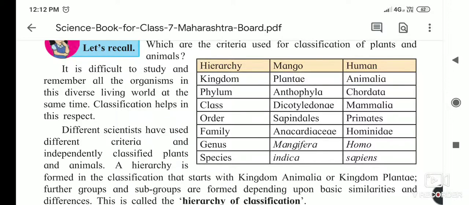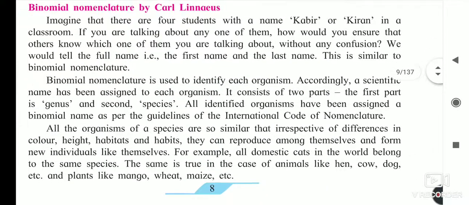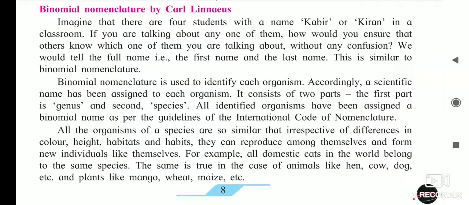Homo sapiens is the name for human. Homo sapiens is the binomial nomenclature for the human being, and Mangifera indica is the binomial nomenclature for the mango tree. In that way we use two names to identify the particular organism.